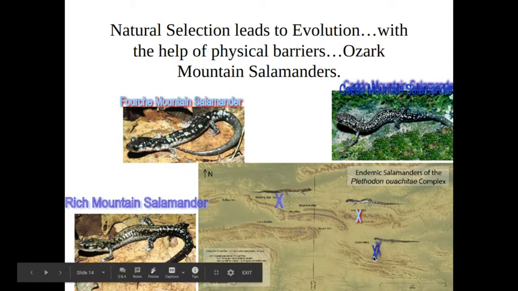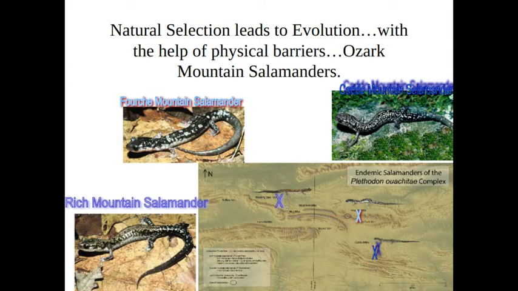They don't travel across these different mountain ranges, but you'll notice all three of these are in the genus Plethodon, but their species are different. They had those different variations over time. Their populations did not reproduce with each other, and so over thousands of years we now have different species: the Cato Mountain salamander, the Forest Mountain salamander, and the Rich Mountain salamander.